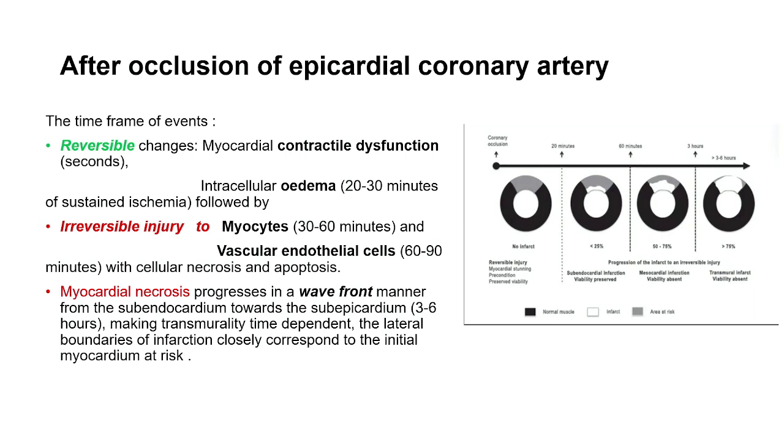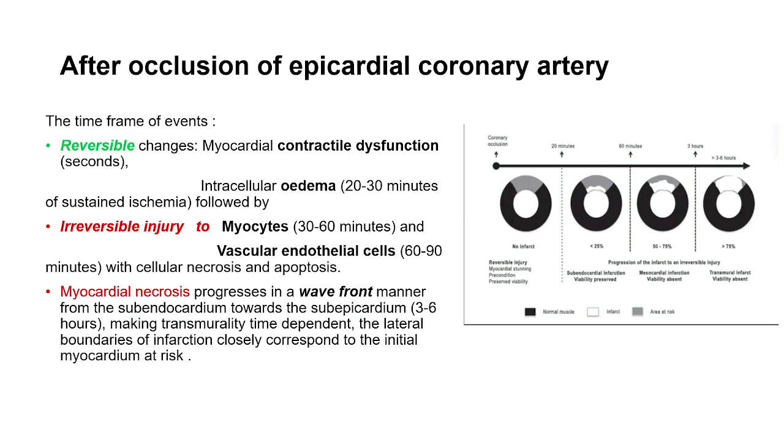It is found that after occlusion of an epicardial coronary artery, within 30 minutes there are reversible changes in the myocytes, causing edema. And if the ischemia is sustained, there is irreversible injury, which occurs in myocytes over 30 to 60 minutes and endothelial cells over 60 to 90 minutes.